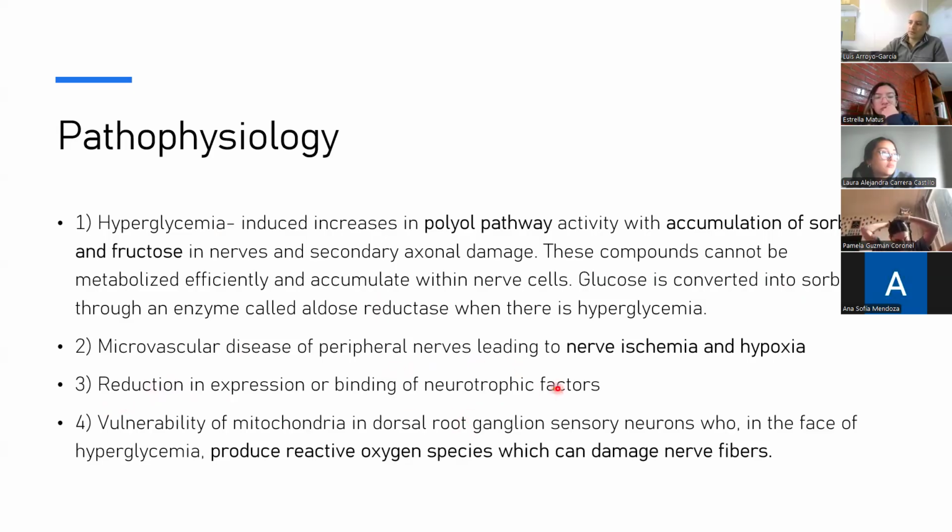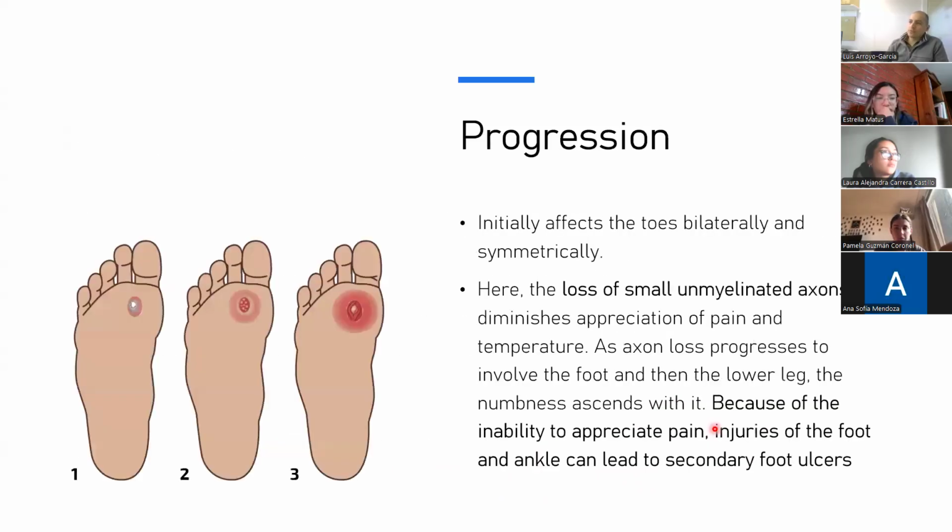We don't have neurotrophic factors to protect these cells, and for some reason we have a vulnerability of mitochondria in these sensory neurons, which will produce reactive oxygen species, or ROS, which damage the nerve fibers.